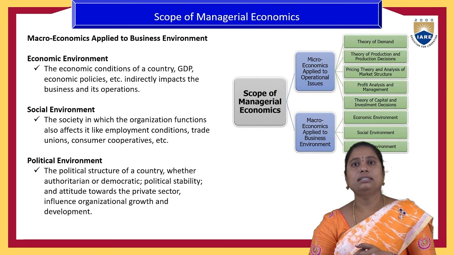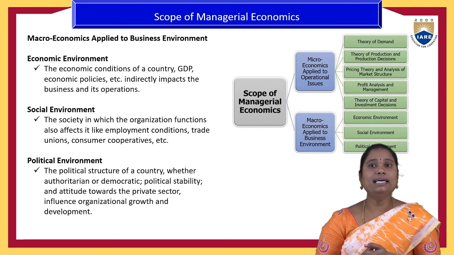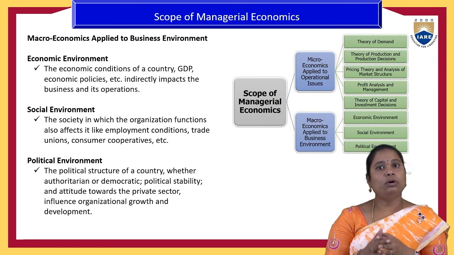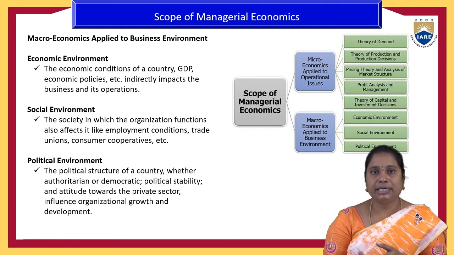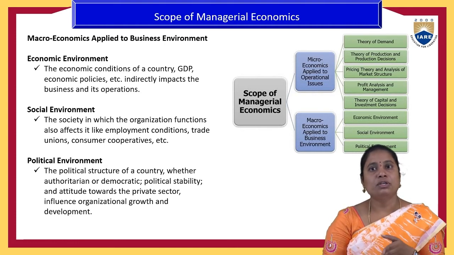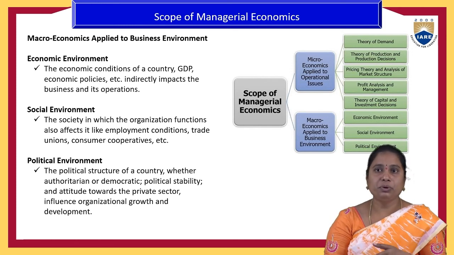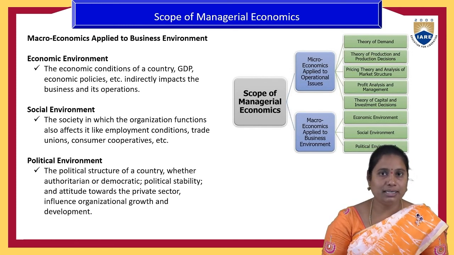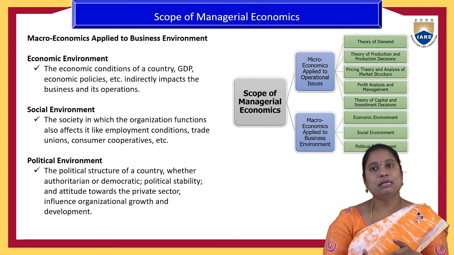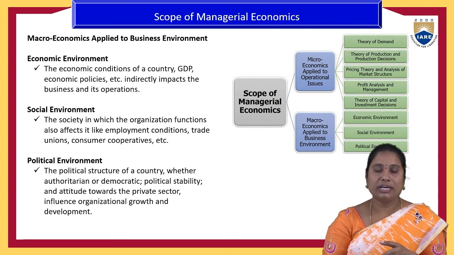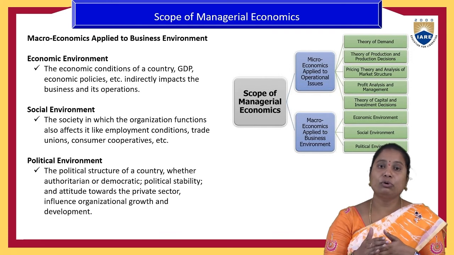And the next one is the political environment. What kind of political environment is there in that particular state or country? Is it democratic, bureaucratic? Is there political stability, or is the political party supporting private sector organizations?